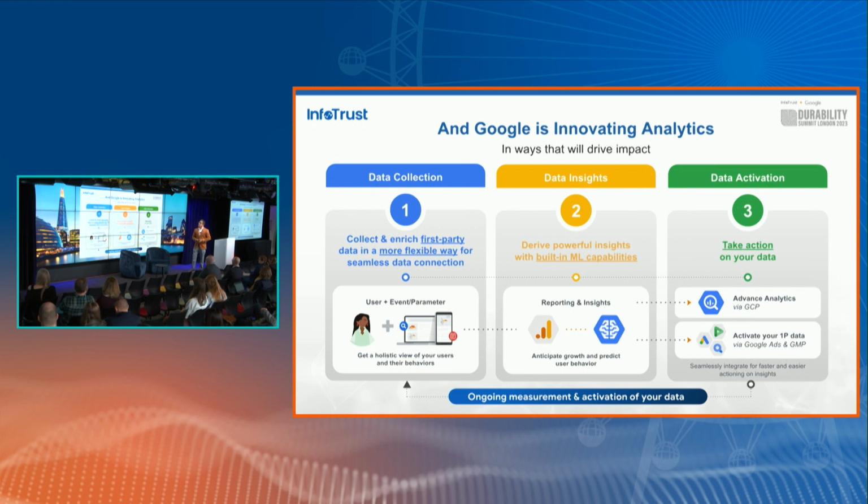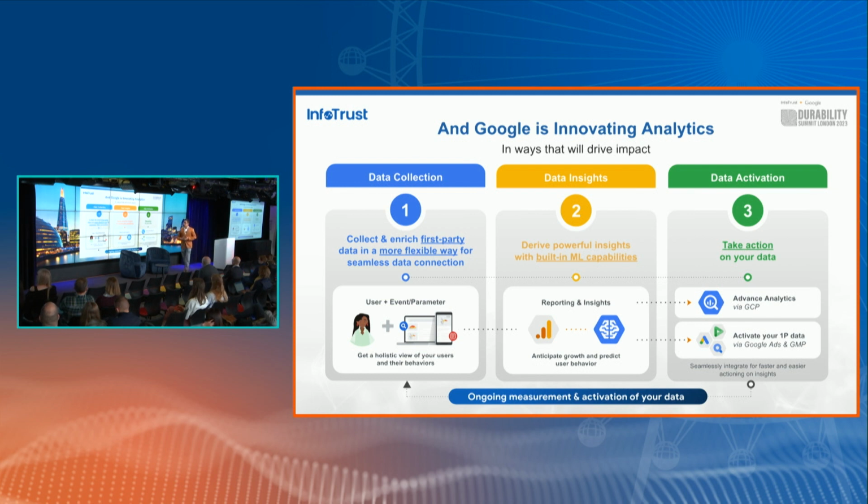Moving further, let's talk about the ways in which Google is innovating analytics. So if you have worked with Google Analytics 4, if you have interacted with it, if you have looked at some of the features that are getting released every other week, month, you can see that there are three pillars around which everything is structured.